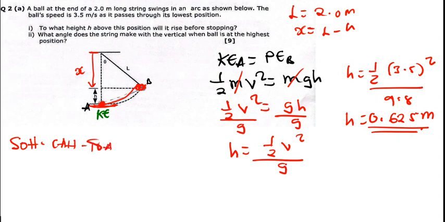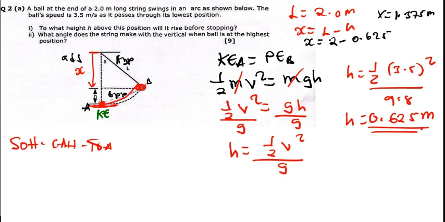We definitely know that this is the hypotenuse, this is the opposite, the angle, and this is the adjacent. So I have the adjacent, because for me to find x, adjacent is x. So for me to find x, it's definitely L, which is 2, minus h, which is 0.625. So my x is 1.375 meters.